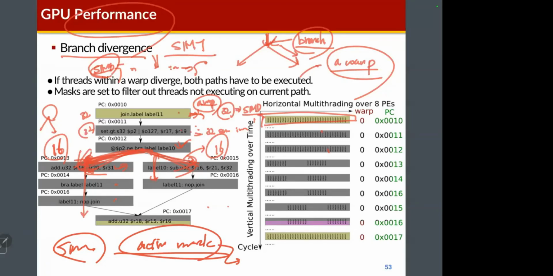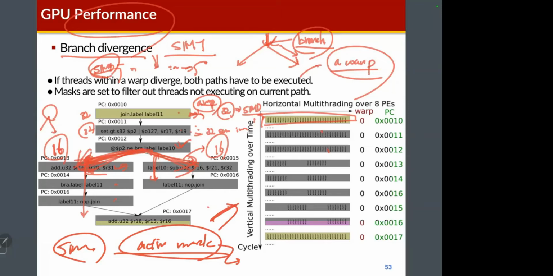But when a warp executes the PC instruction, the active mask becomes 1111 0000. So the GPU hardware exploits the active mask to change whether the threads in a warp are executed or not under a certain instruction.